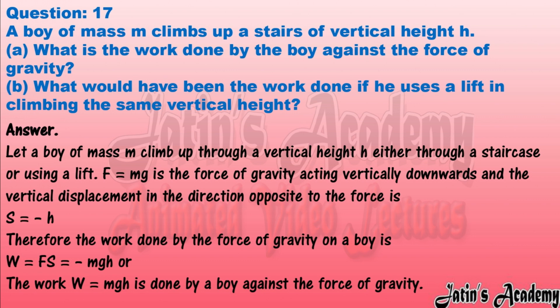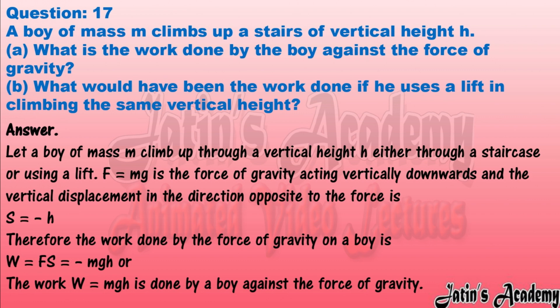Question 17. A boy of mass m climbs up a stairs of vertical height h. What is the work done by the boy against the force of gravity? And what would have been the work done if he uses a lift in climbing the same vertical height? Answer. Let a boy of mass m climb up through a vertical height h either through a staircase or using a lift.